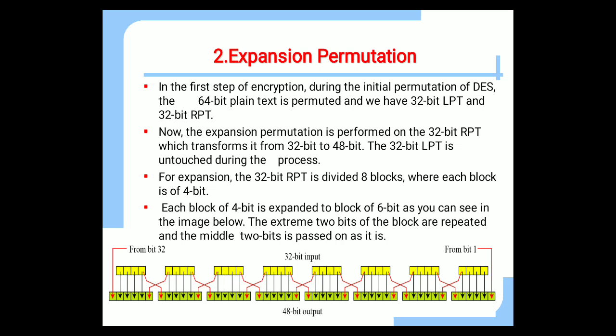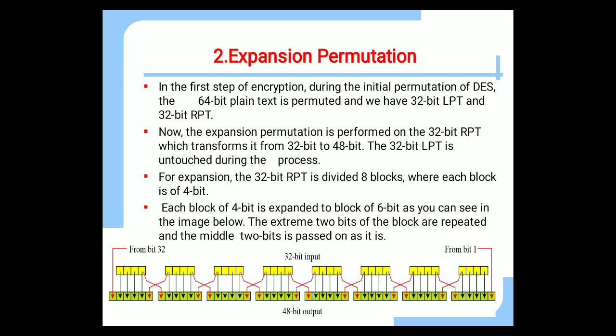For the expansion, the 32-bit RPT is divided into 8 blocks, so we get blocks of 4 bit each. Each 4-bit block is expanded to a 6-bit block, as you can see in the image below. So to each 4 bit we add 2 more bits, one at the start and one at the end, converting each 4 bits to 6 bits. So the total will be 48 bit.